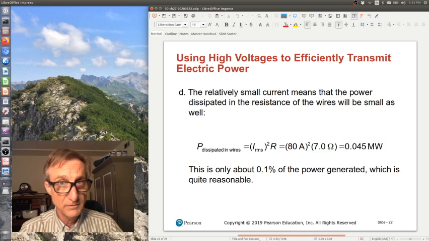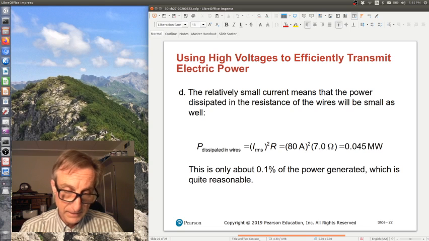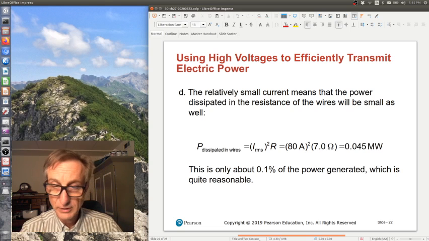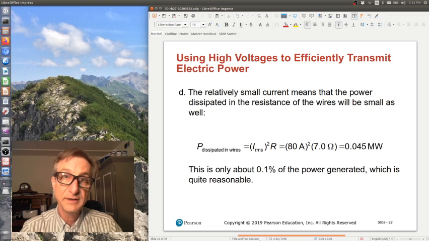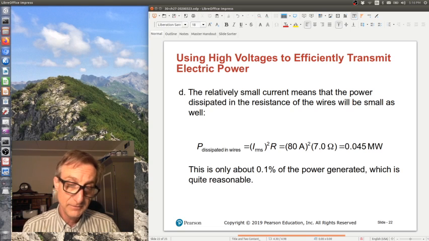We can never avoid the power loss, but we can certainly reduce it by kicking the voltage up using a transformer to very high values, transporting it across the countryside, and then stepping it back down. The intermediate step of transporting that power is made much more efficient by stepping up that voltage as high as we can. And 500,000 volts is fairly commonly used for transmission lines, especially over large distances.